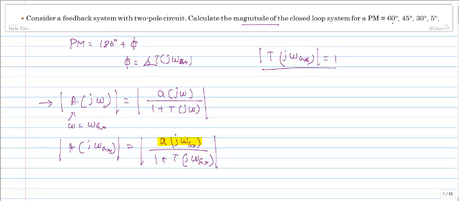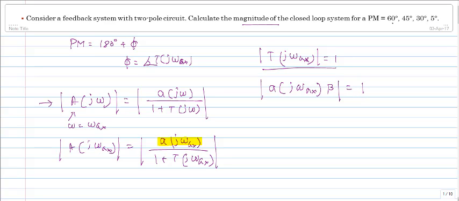What we know is this particular term. So how do we re-express this T of j omega gx? T is the loop gain, which is the product of the open loop gain multiplied with the beta factor, and that is equal to 1.